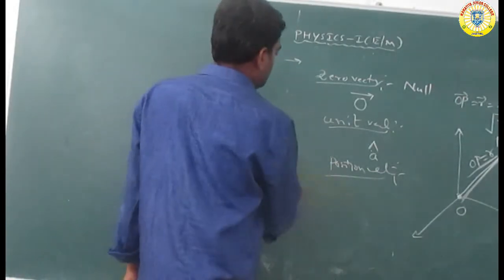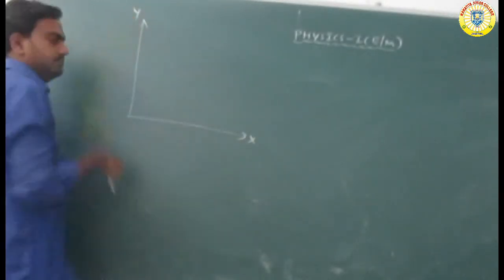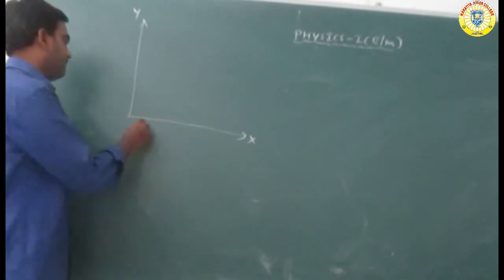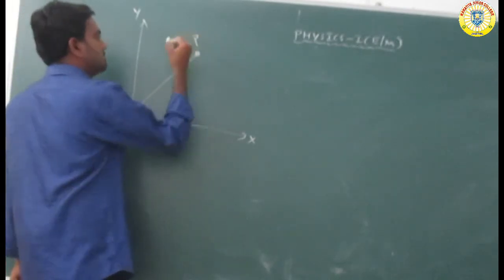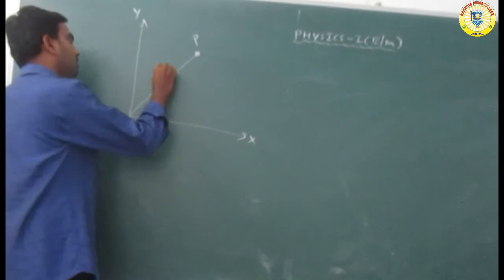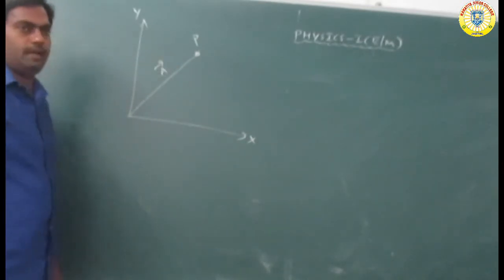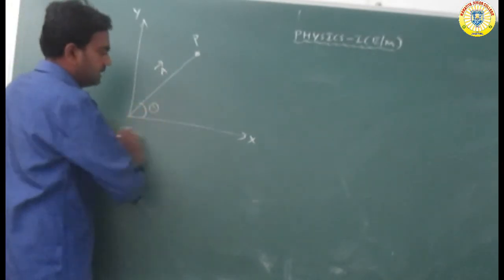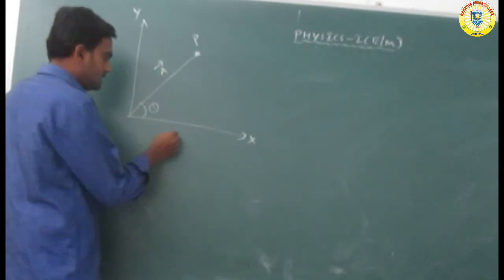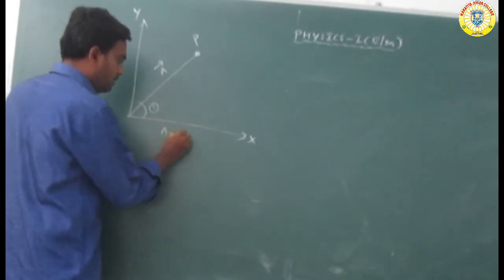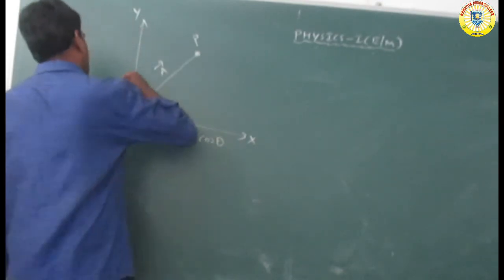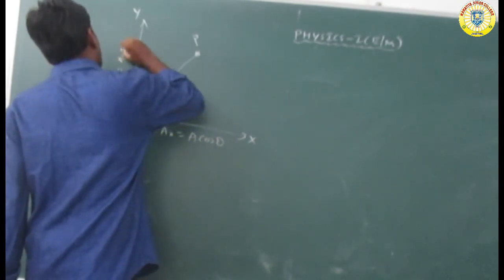So now, for example, this is the xy plane. The vector is taken. This is called vector A. Let A be the vector making angle theta with the horizontal. Here Ax equals A cos theta, Ay equals A sin theta.